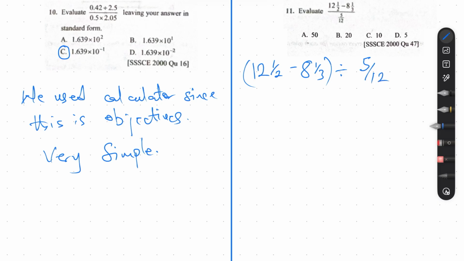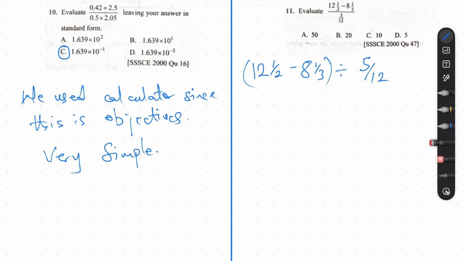We know that when we are dividing, we can just change the division sign into multiplication, and then flip the fraction on its head, so it will become 12/5, and we put times, right? Also we need to change these mixed fractions into improper fractions so we can work with them easily.